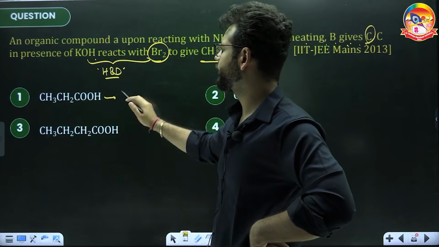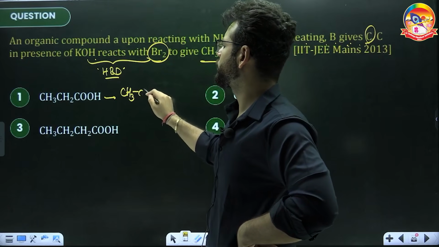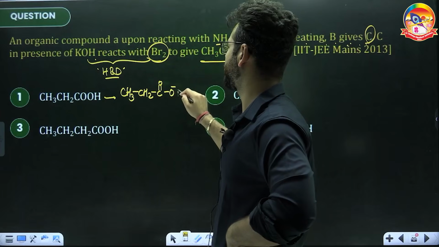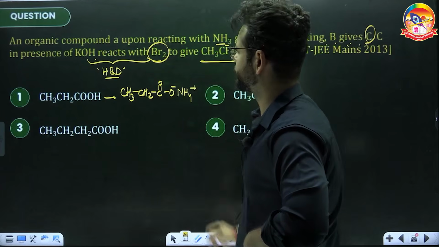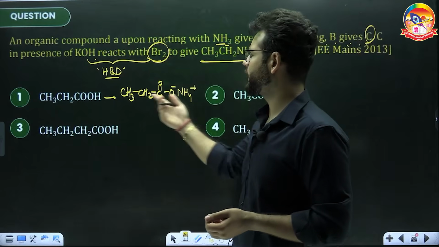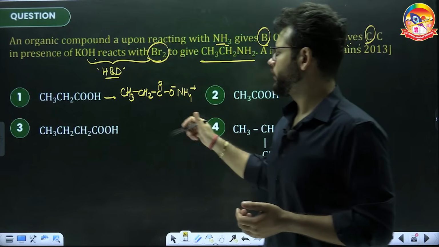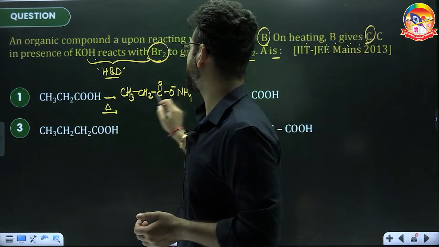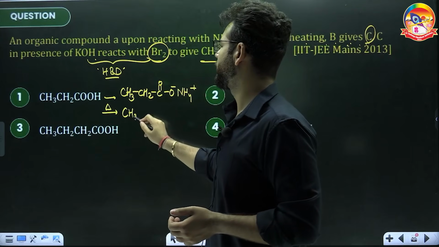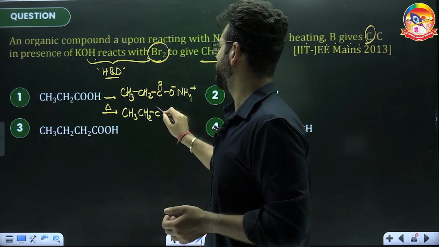You will get a salt of ammonium carboxylate, like this. Without heating, we get just the acid-base reaction. Ammonia is a base, acid is an acid. We get this salt. On heating, dehydration happens. H2 goes from here and oxygen goes from here, and we get an amide that you all know.